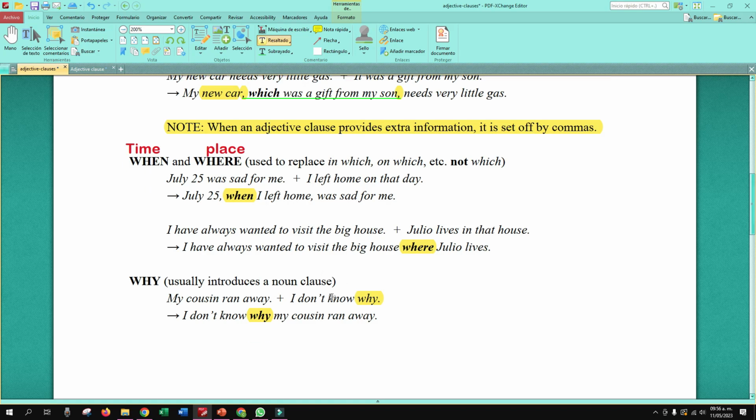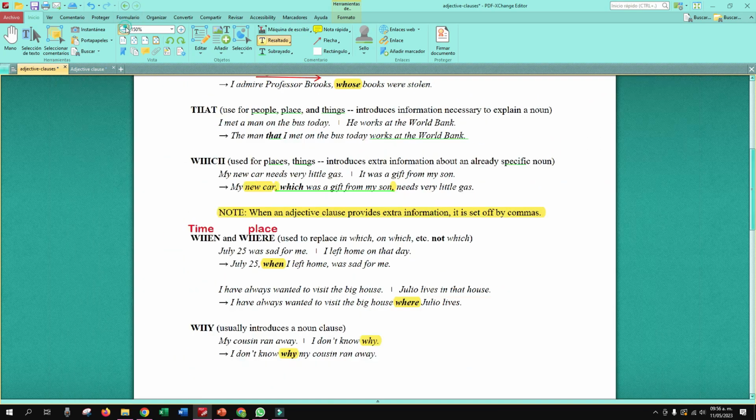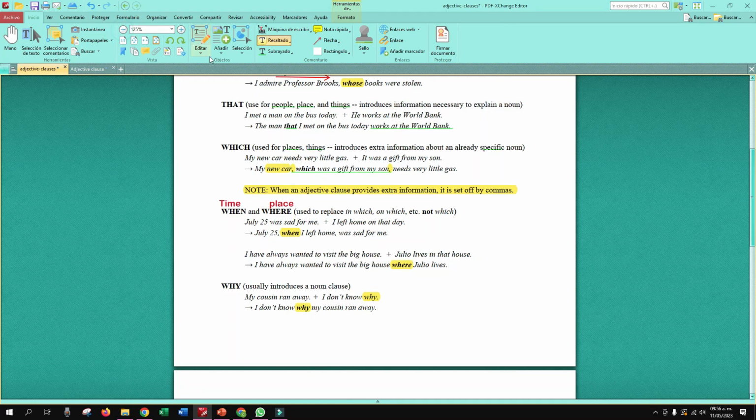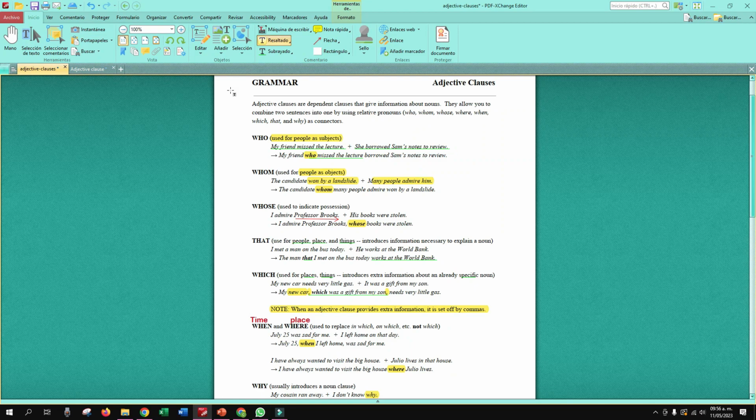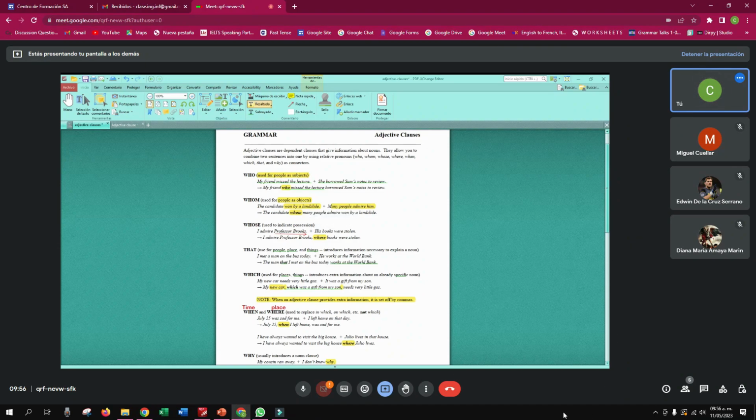So I don't know if you have questions about this. This is very important, guys. If you can take a picture or take notes, that would be great. Is everything clear about the adjective clauses?